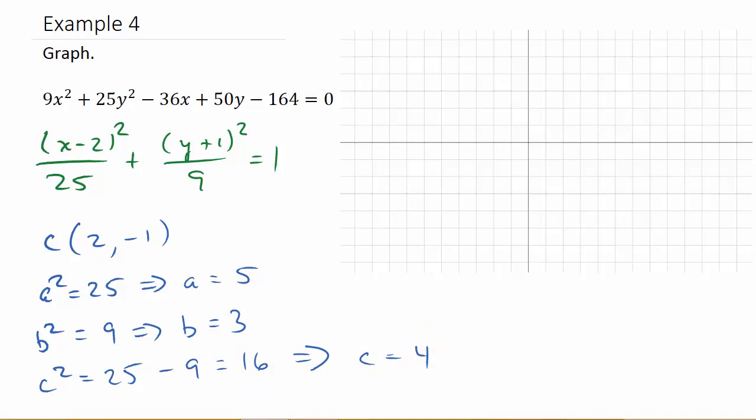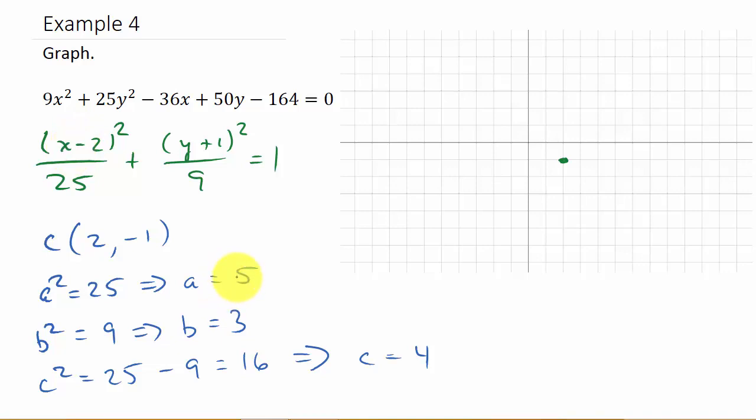So let's go ahead and plot our points. Alright, so let's plot the center (2, -1). So 1, 2, and then down 1. So I've got the point (2, -1). Now, let's look at A and B. So our major axis is our x-axis, because a squared is underneath the x part.